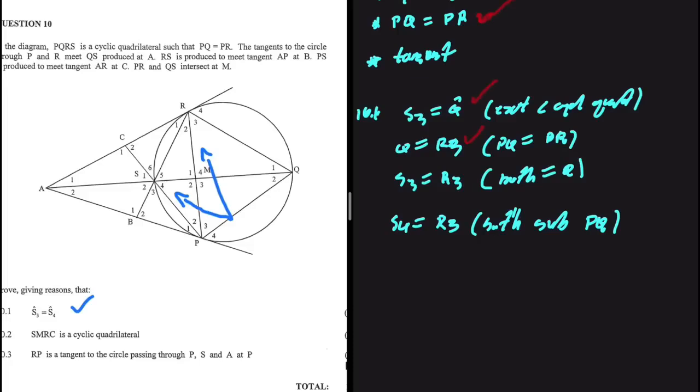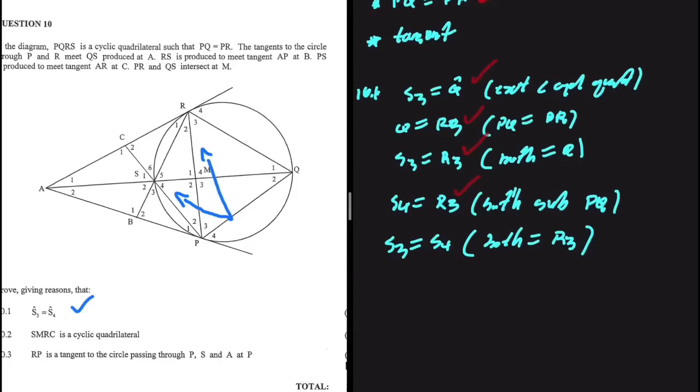So S4 is equal to R3, and S3 is equal to R3, so S3 should be equal to S4 as they are both equal to R3. If x is equal to 2 and y is equal to 2, then x is equal to y because they are both equal to 2. Okay, so that is 10.1.